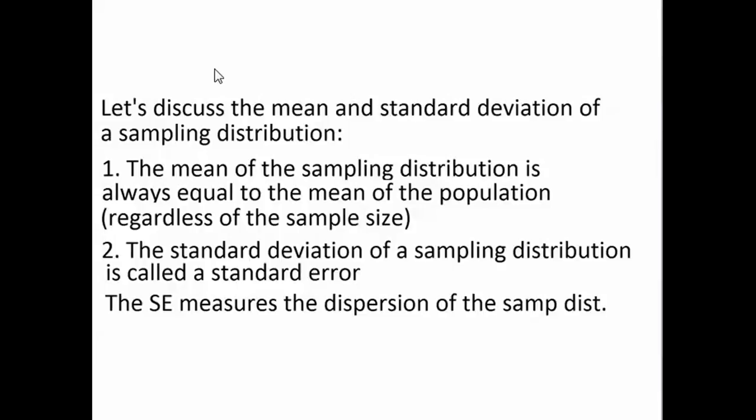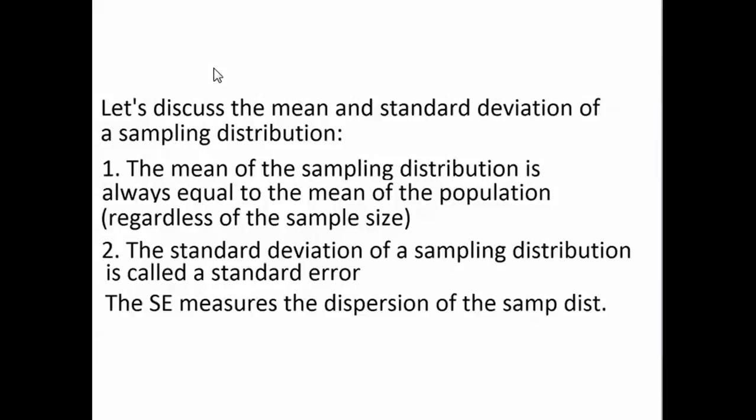So one way to think about the standard error is that if you're using a small sample size, the standard error will be larger because the possible samples are more spread out and their sample means are less accurate. The sample means tend to be further from the population mean.